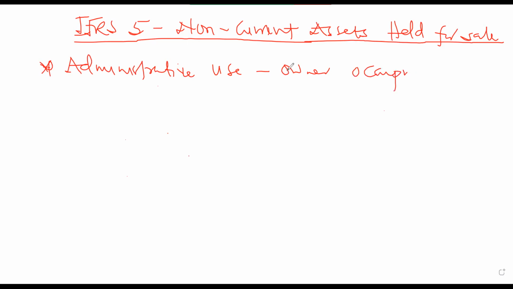So the company will be using the asset themselves. If the asset is purchased to help in the day-to-day running of the company, that particular asset will be classified under IAS 16, which is property, plant, and equipment.